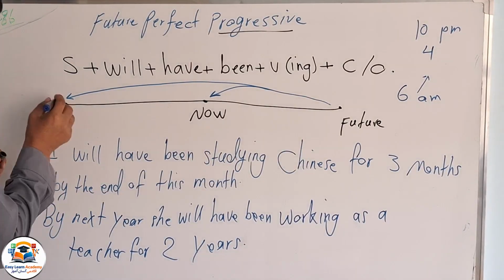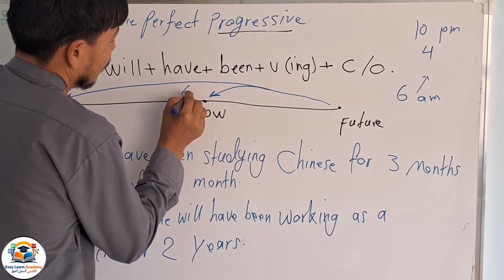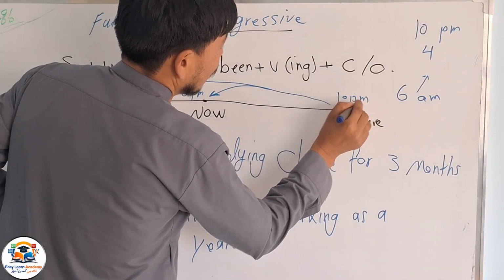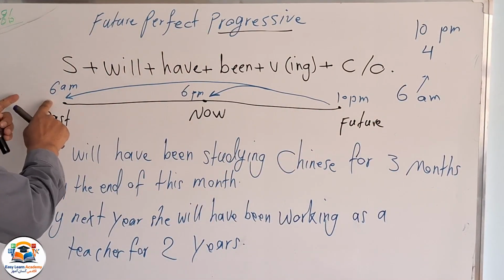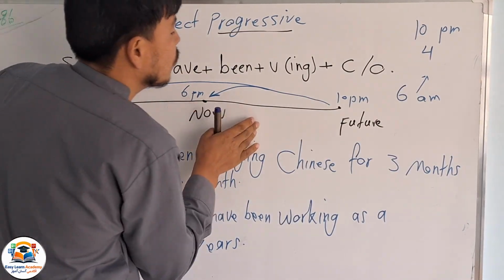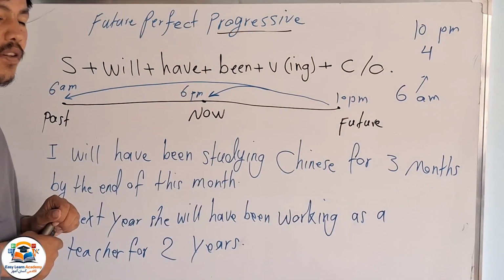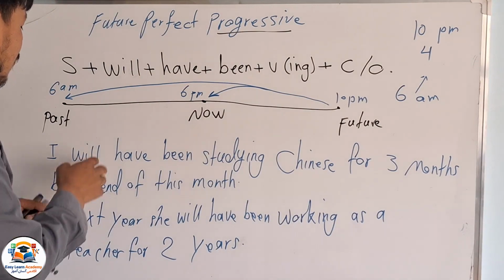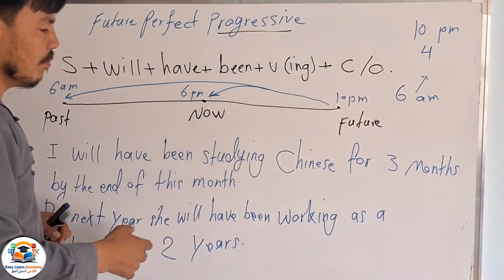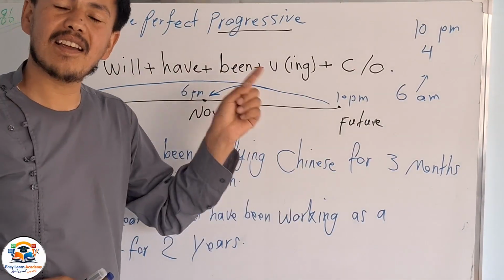This is, let me write, 6 a.m. This is now, 6 p.m., and then this will be 10 p.m. Okay, so you worked from 6 a.m. to this point, now 6 p.m., 12 hours, and then you will continue working till 10 p.m. So it will be 16 hours. So now I can say by 10 p.m. you will have been working for 16 hours.